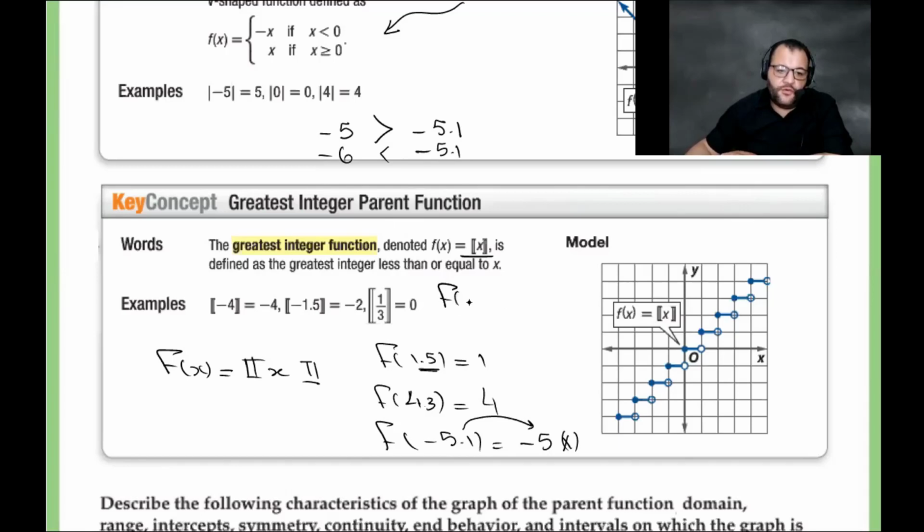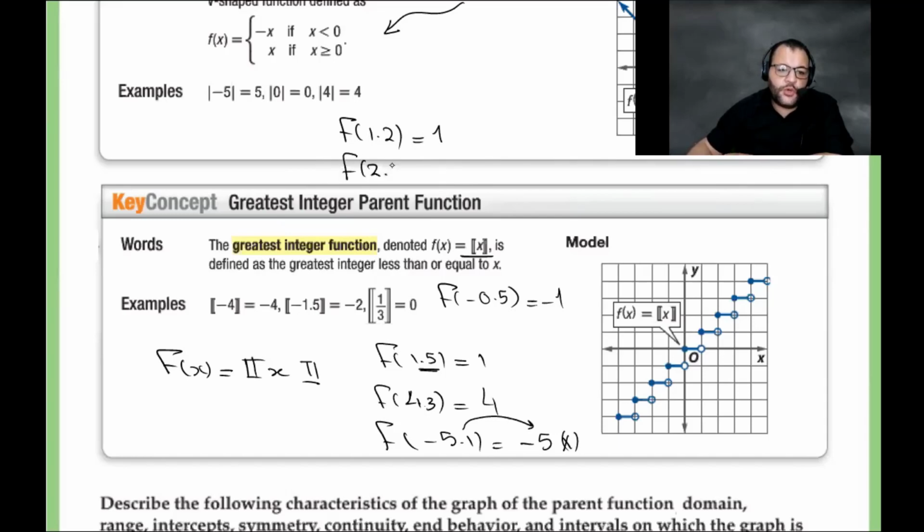Again, f of negative 0.5. The answer now will be negative 1. Again for this function, when I need f of 1.2, the answer is 1.